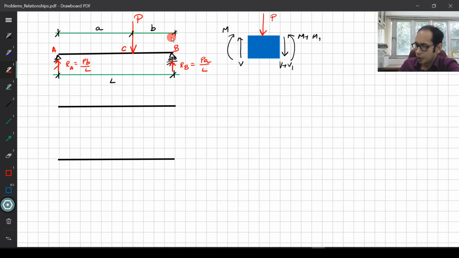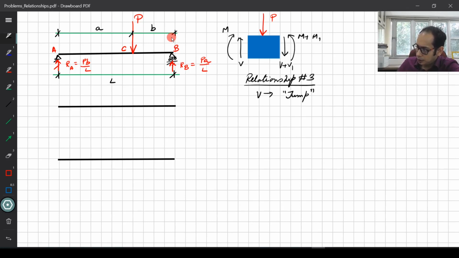And if you remember, this was a part of relationship number 3. So what did we see in this? We had seen, and we are not going to derive it, that your shear undergoes a jump.